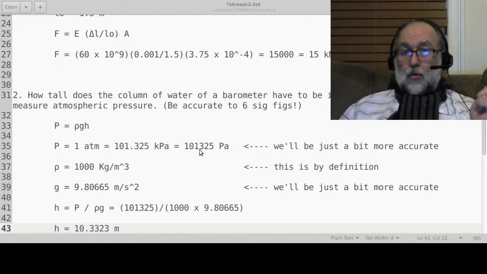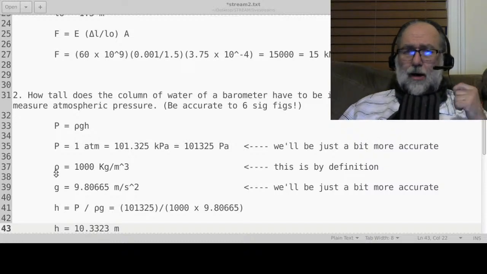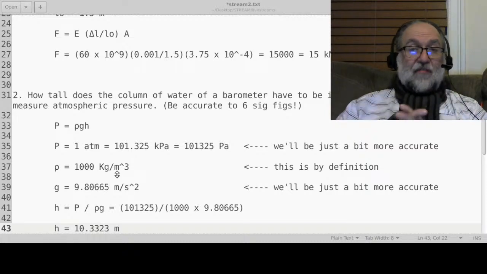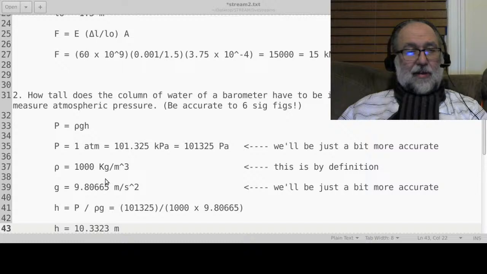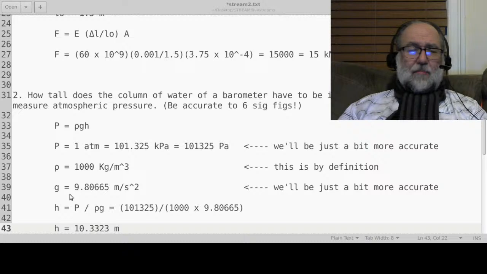Being very accurate there. The density of the fluid, well, it's water. The density of water is 1,000 kilograms per meter cubed by definition, and so that's rho. g, we usually round off to 10 meters per second squared because we're not that interested in being super accurate.